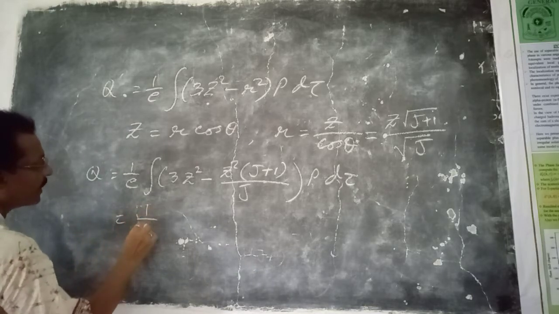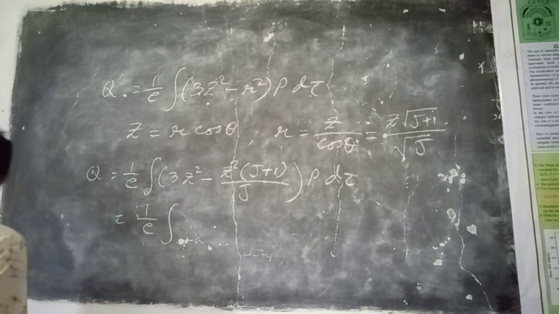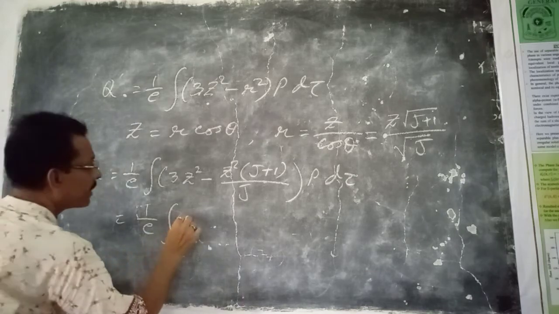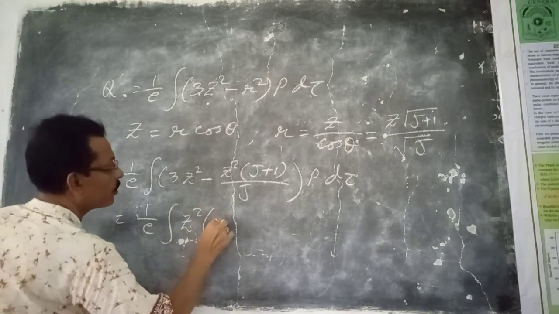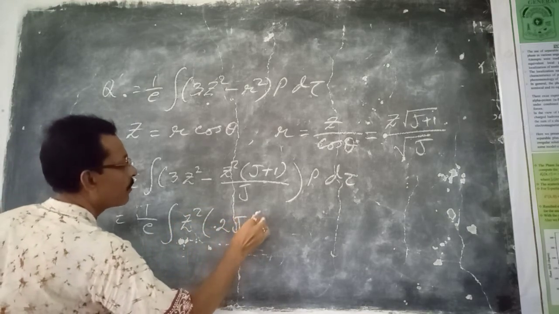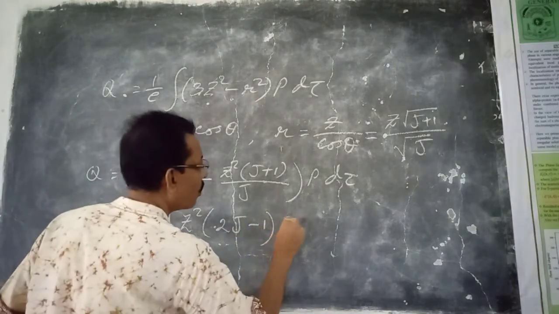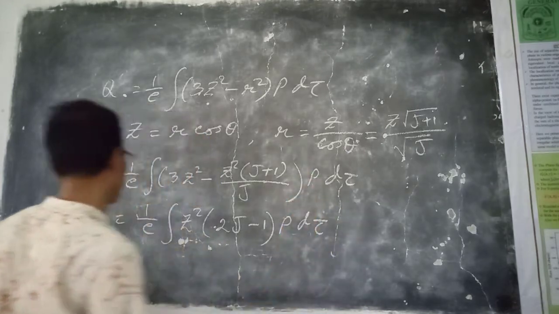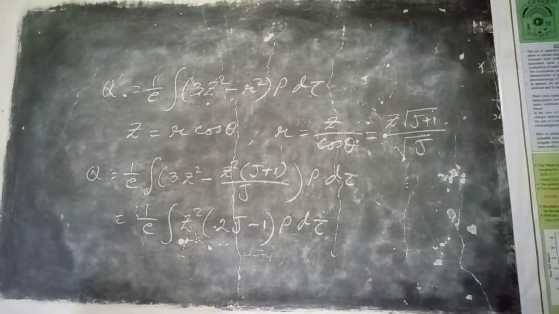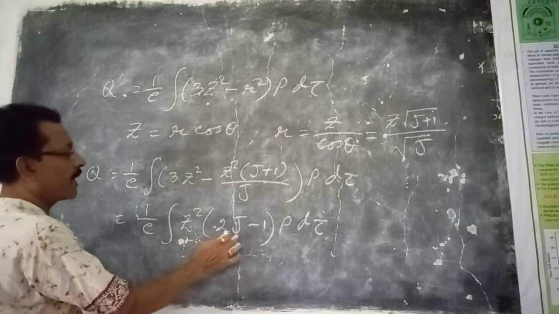And that is 1 by e, integral of z square into 2J minus 1 over J+1, rho d tau. Now look at this equation.